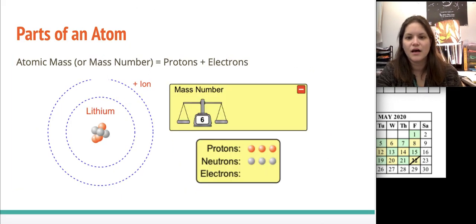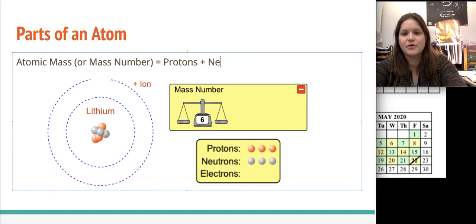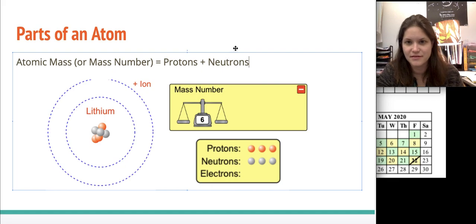Here we go. So here, this is the mass, atomic mass, or mass number, meaning the same thing. That is always going to be not the protons plus the electrons, the protons plus the neutrons.